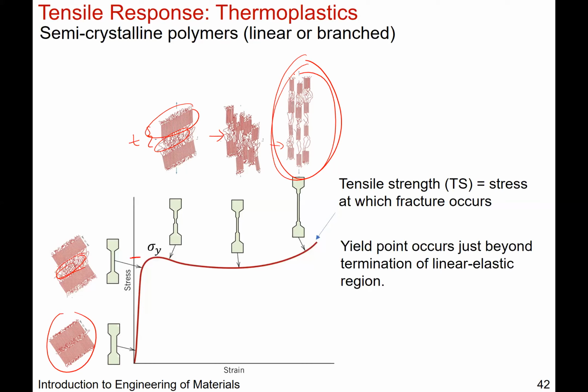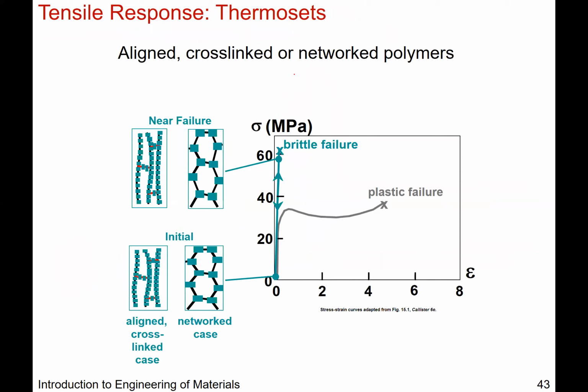Okay, so this is a typical stress-strain curve for a polymer that's semi-crystalline, linear, or somewhat branched. No high network or high degree of cross-linking just yet. When you do have a lot of cross-linking, it typically looks like this, where you have a lot of covalent bonds, linking in between the chains. So what happens as you get to near failure with these brittle materials?